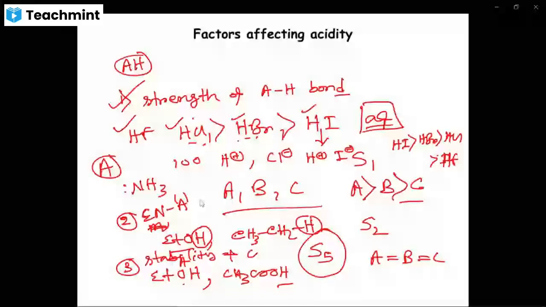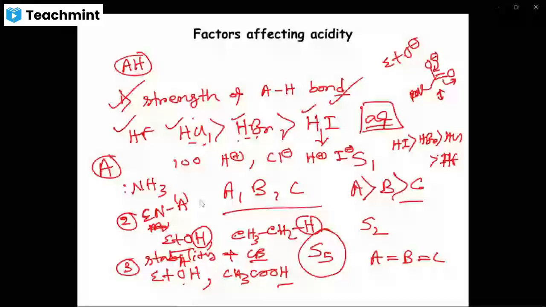When both factors are the same, the bond strength and the electronegativity, then we have to look into the stability of the conjugate base. For ethanol, the conjugate base is like this, EtO minus, whereas for acetic acid, the conjugate base is this one, and it has two equivalent resonating structures, right?